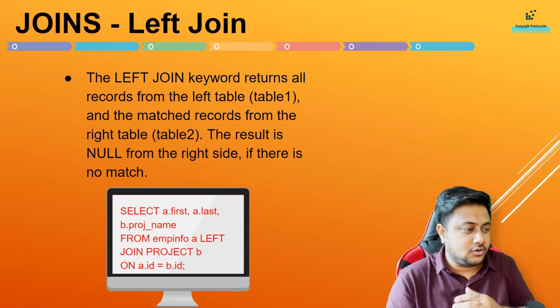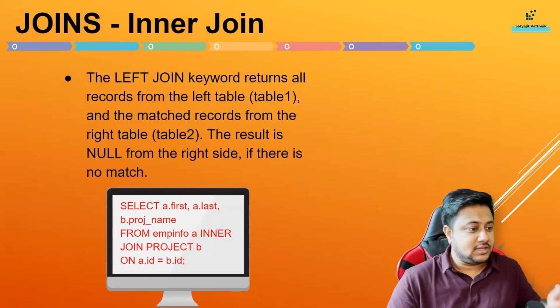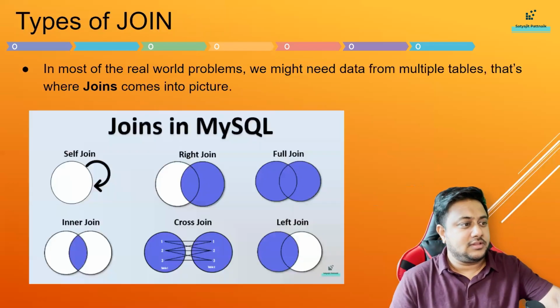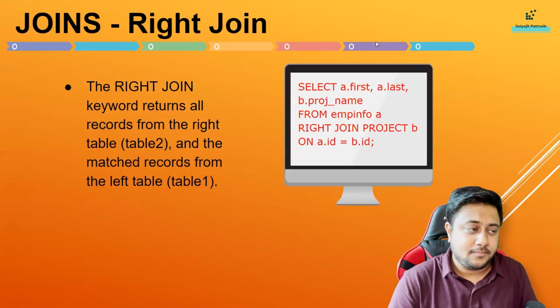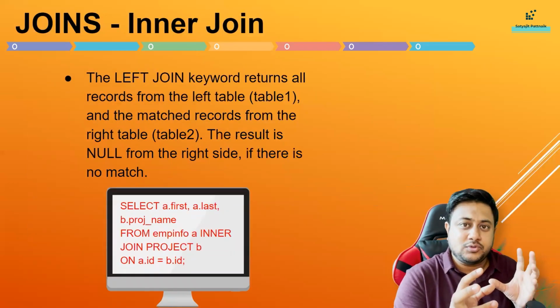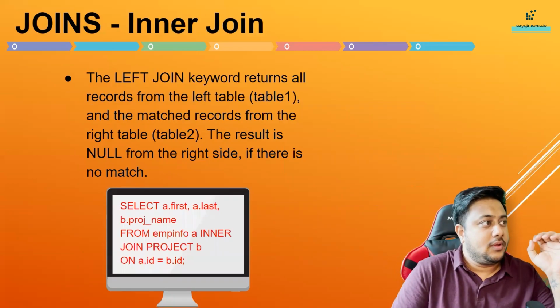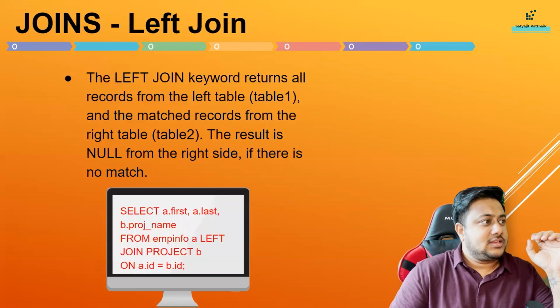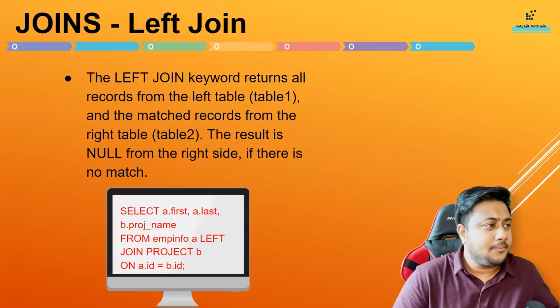Similarly, we have inner join, which gives all the common elements. How do we write it? Simple. We just change the keyword from right or left to inner. That's it. This is all about your right join, left join, and inner join.